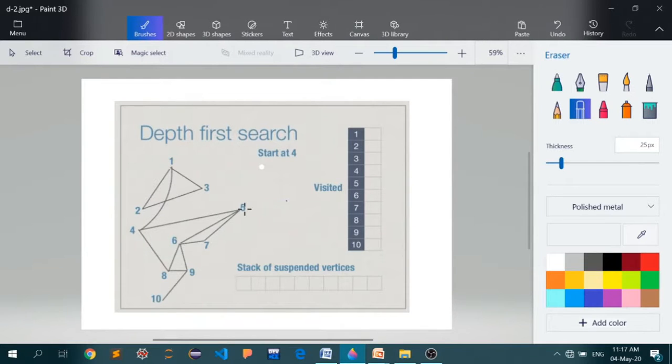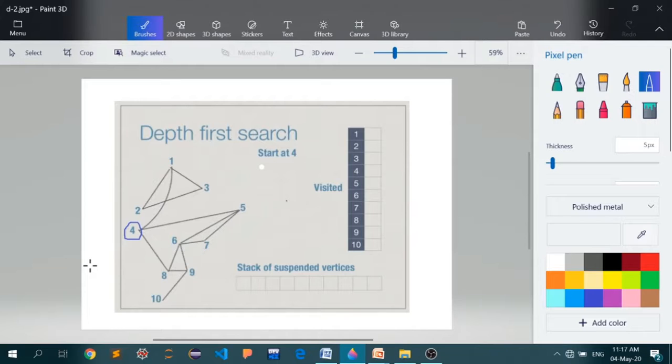So let's start. Now this is the same example that we have taken before, and this time I will start with this particular node called 4. Let me remind you that you might be confused with the word node or vertex. Node and vertex are the same thing.